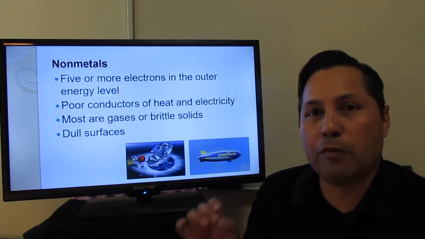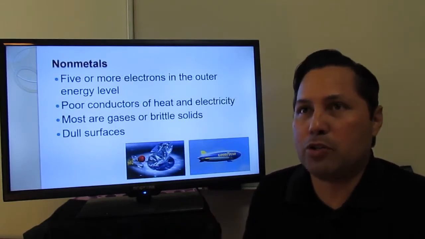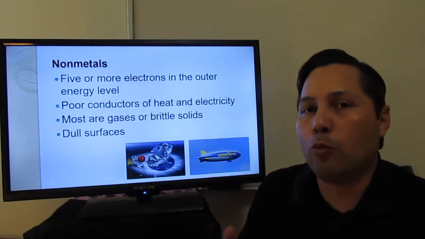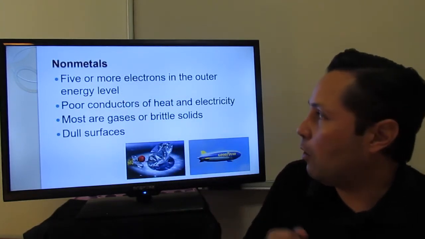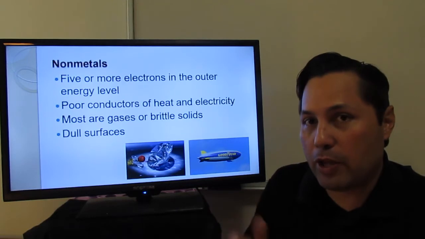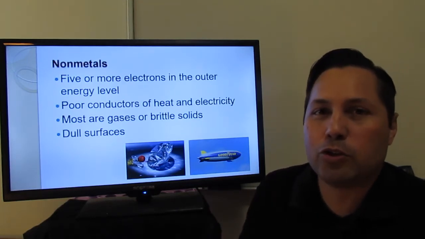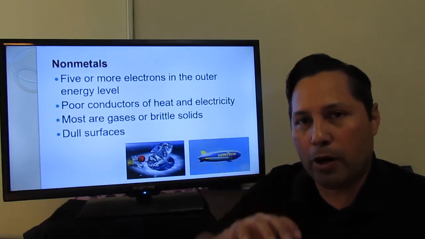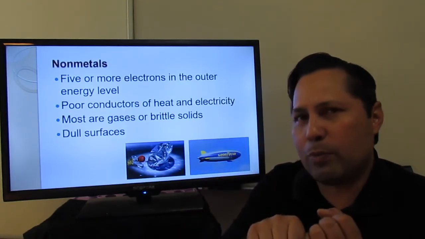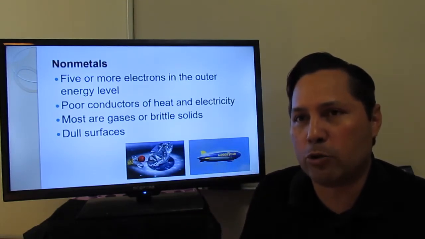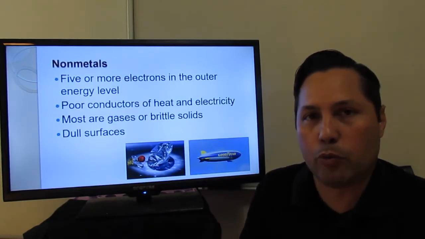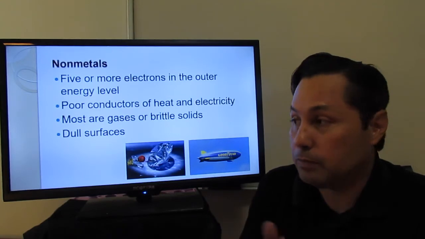Non-metals are up next, and whatever we said for the metals is pretty much the opposite. Alright, for non-metals, they have 5 or more, 5, 6, 7, or 8 electrons on the outer part of the atom. They're really bad conductors of heat and electricity. In a power cable, the outside part is some type of rubber material that tends to be non-metal, so that you can handle that power cable without worrying about being electrocuted.